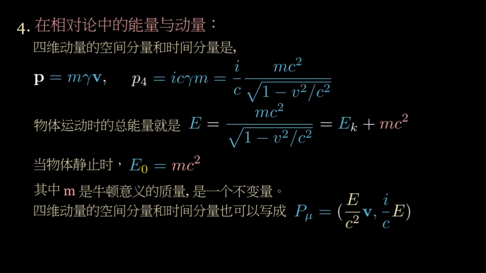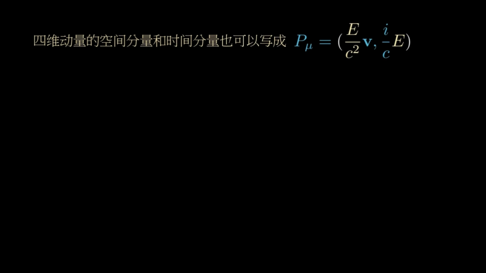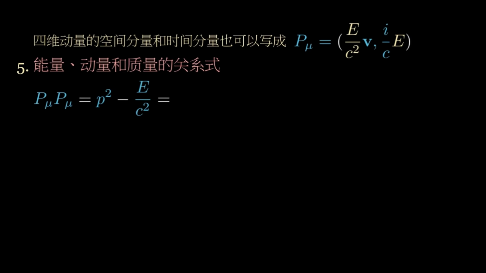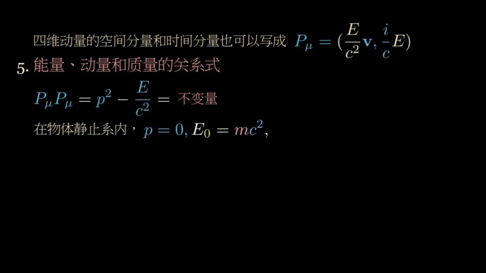This means that the total energy of an object is a measure of the object's inertia; its mass is not a measure of inertia. Relationship between total energy, momentum, and mass: we get an invariant. In the rest reference system of the object, when p is equal to 0, then we have E0 equal to mc squared. Thus, the invariant is m squared c squared.